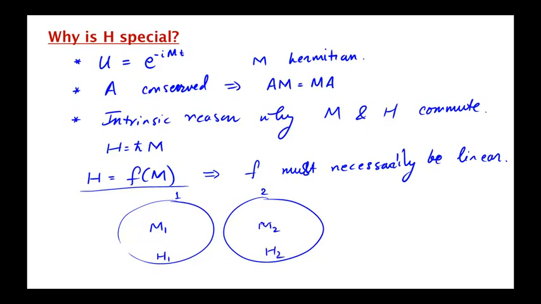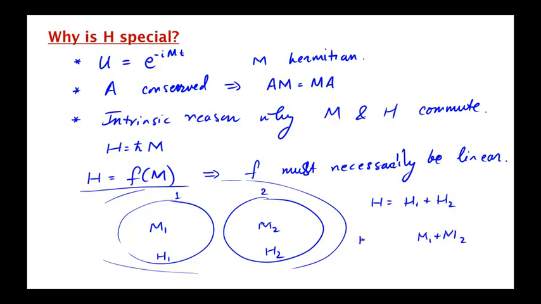Well, then the energy of the composite system, if our system consists of these two disjoint pieces, is clearly H1 plus H2. But on the other hand, the Hermitian operator associated with this must also be M1 plus M2.